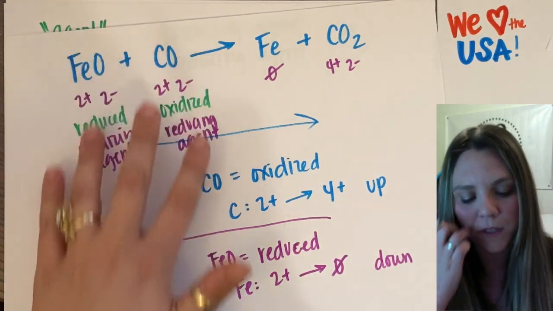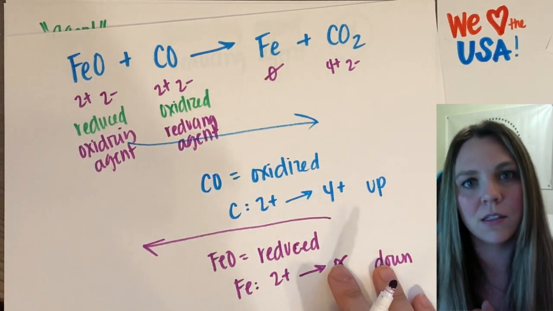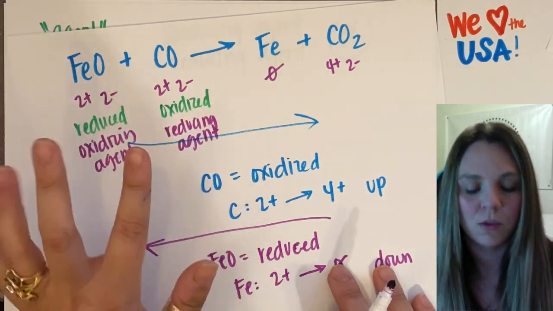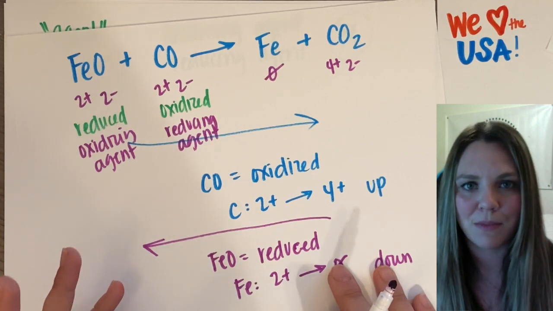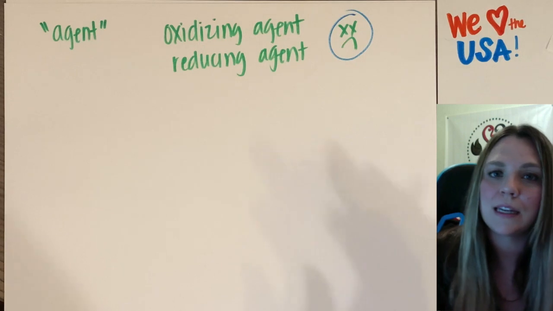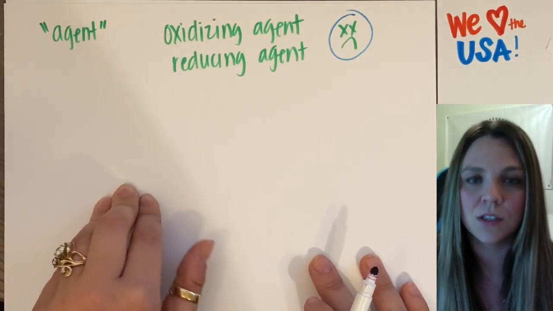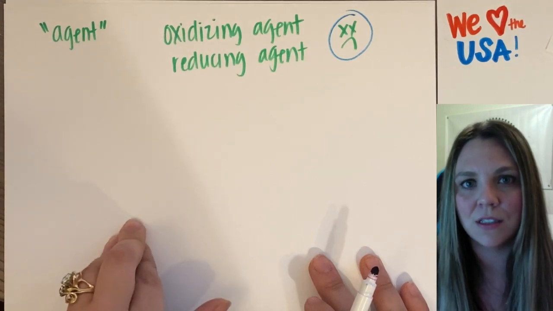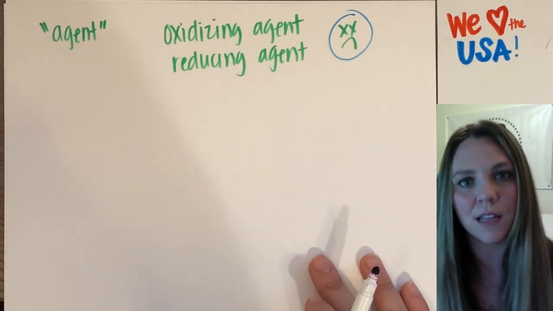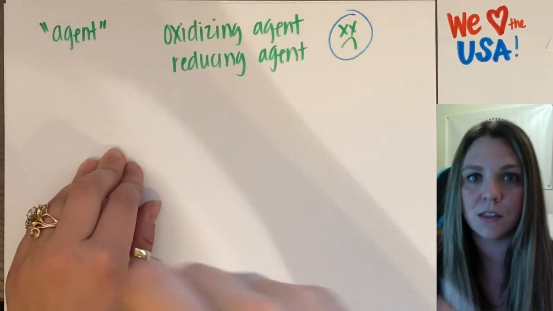You are figuring out what's going on with these electrons, which one gained electrons, which one lost electrons. It's just a different way to talk about the same thing. So don't let it scare you. And even if the question doesn't say figure out which one is oxidized, it just says find the oxidizing agent, you're less likely to get the question wrong if you take the time to say this one's oxidized, this one's reduced.